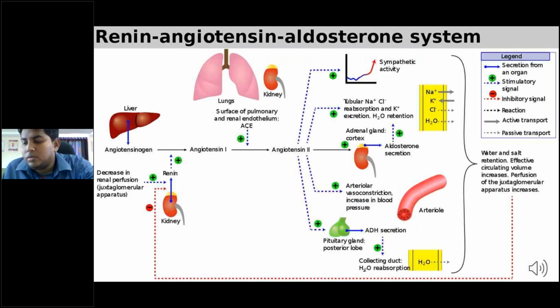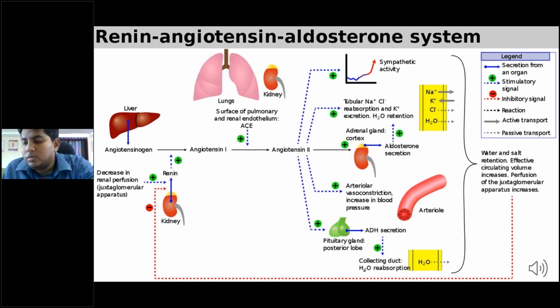The main system regulating fluid balance and electrolytes like sodium and potassium is the renin angiotensin aldosterone system. The liver secretes angiotensinogen, which is converted to angiotensin 1. Angiotensin 1 is converted to angiotensin 2 by angiotensin converting enzyme, which is found on the surface of the pulmonary and renal epithelium.